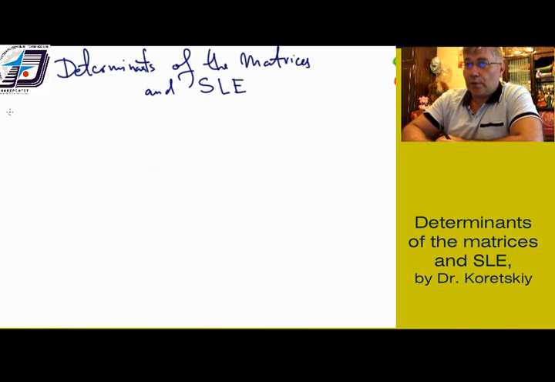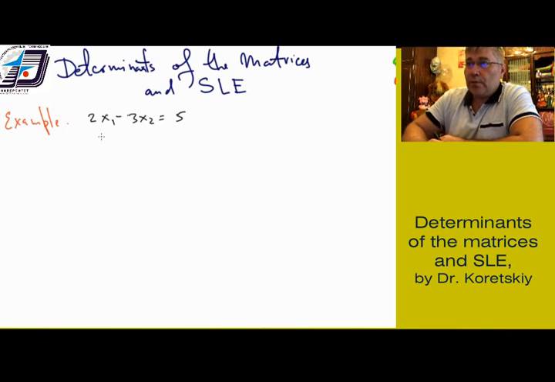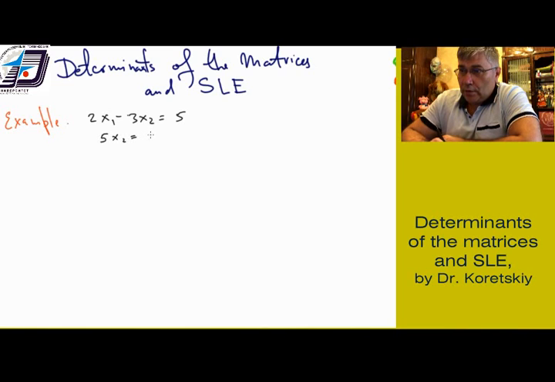Firstly, let's make an example. For example, we have 2x1 minus 3x2 equal 5, for example, and 5x2 equal 10, if you don't mind. So the first step, we have to define the A matrix and B matrix.